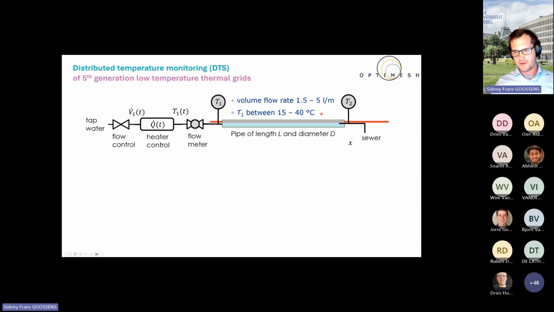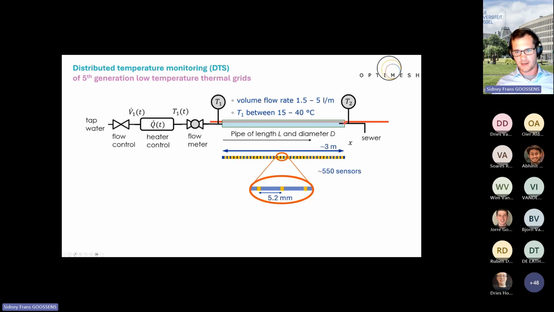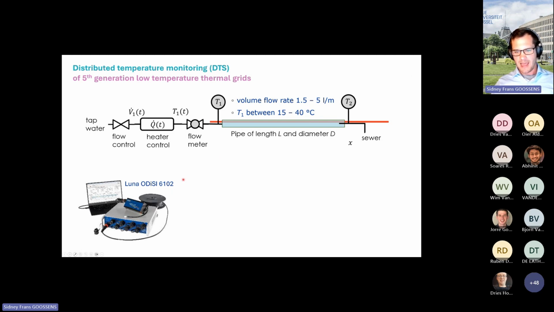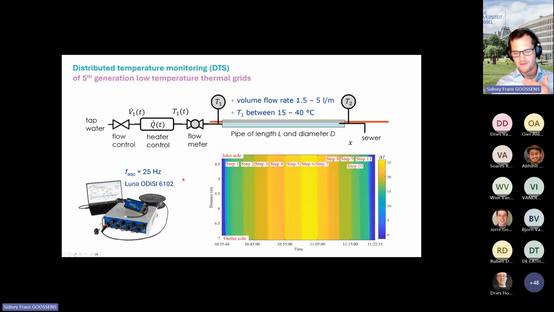There we had a pipe of a length of 3 meters where we included a distributed optical fiber inside, and water at different temperatures was propagating through that pipe while the temperature was measured at 550 sensors, in this case, spaced 5.2 millimeters apart. We used our commercially available interrogator measurement system, and you can see the results in the next graph. This was obtained at 25 hertz.